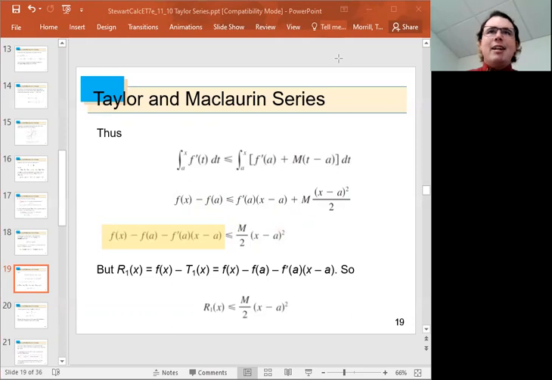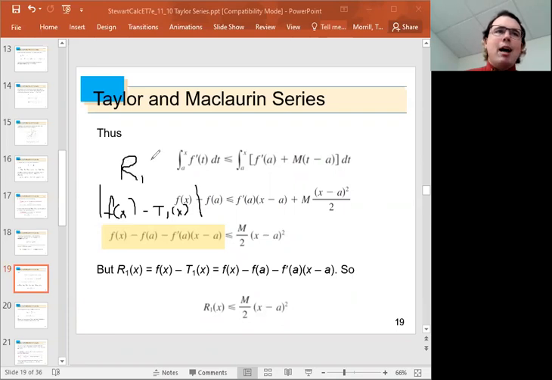So this stuff that I've highlighted in yellow, this is the original function minus the degree 1 Taylor polynomial. Well, that's exactly what I mean by my remainder term. And it is guaranteed to be less than this quantity on the right-hand side.